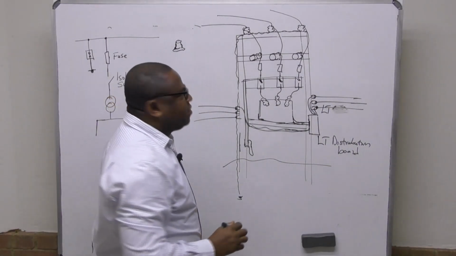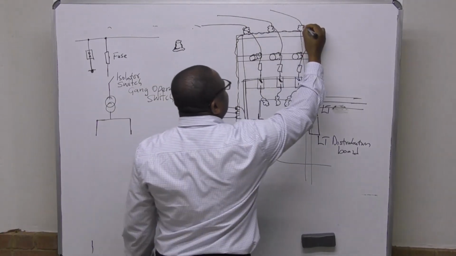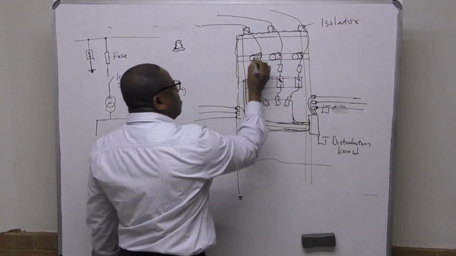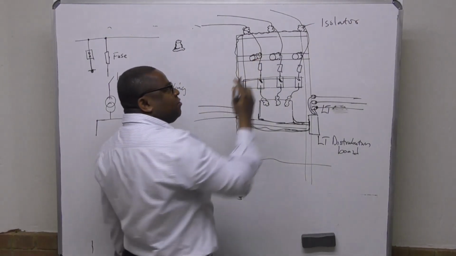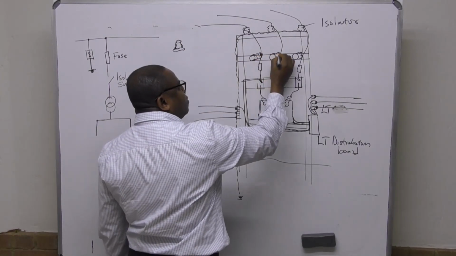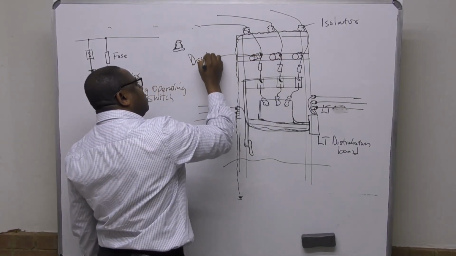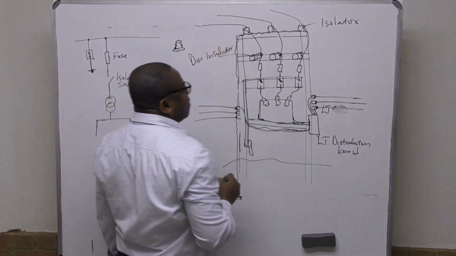Okay, so let's name the parts. What you have here is the isolator. Remember, we have the normal disc insulators that are used to support these conductors. These are disc insulators.